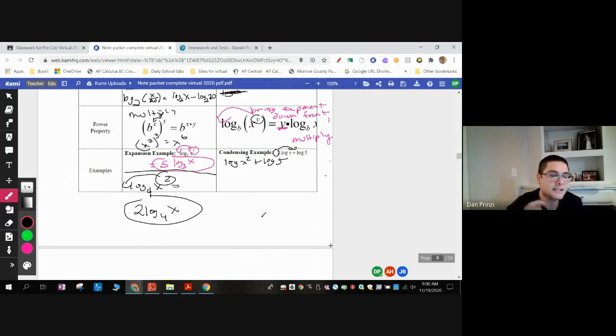When you condense, guys, you're doing the opposite of what you did yesterday. If that makes sense, okay? You're literally doing the opposite. So that's the log of x squared plus the log of 5. Because yesterday we pulled it down front. Now they're added. So you're going to write the word log once. Adding goes to multiplied. So I'd say x squared times 5. And now you've condensed it down to 1 log. You can't leave it like 2 log x5.